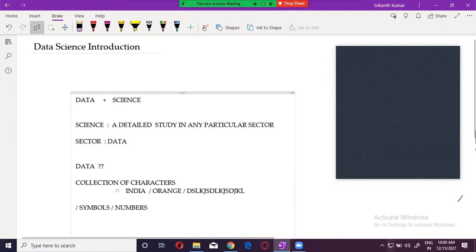Here India is data. India is our country, a beautiful country with multiple religions and languages. Orange is a fruit, orange in color. What is this? It doesn't make any sense. But this is data as per the definition, a collection of characters.